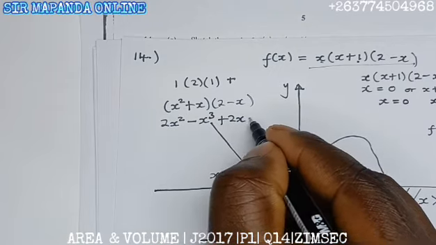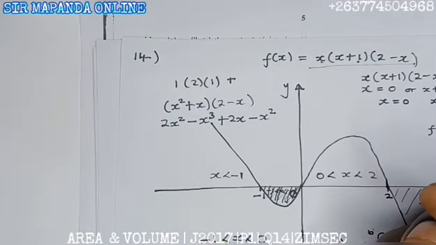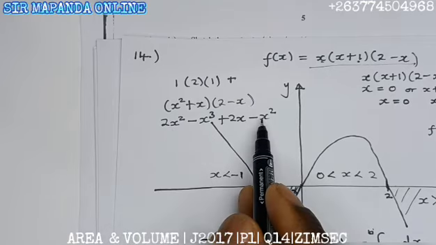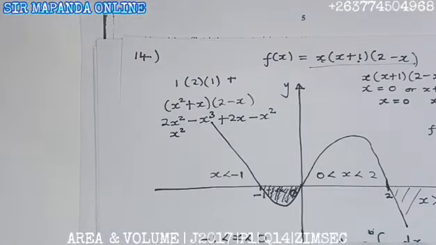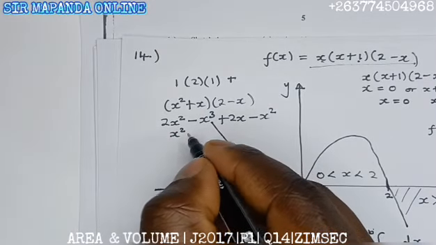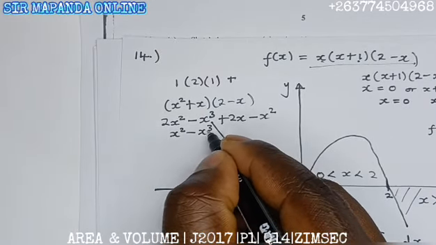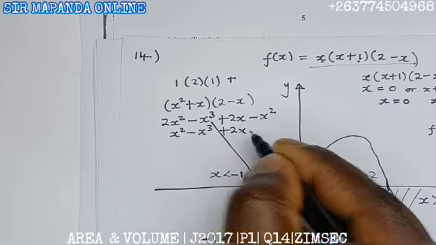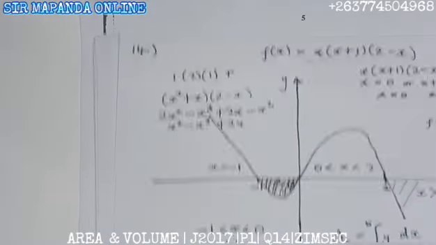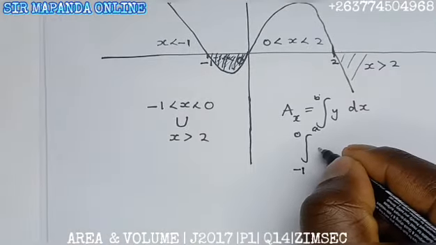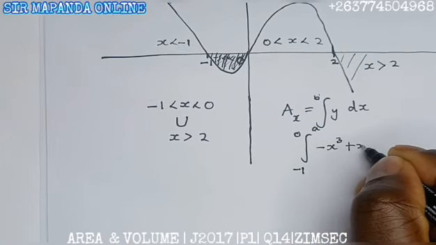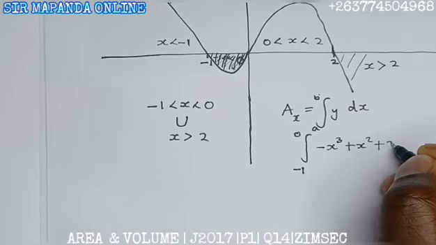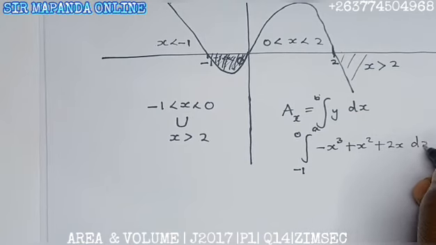Then x times minus x, you get minus x squared. So since 2x squared and minus x squared are like terms, they give you x squared, minus x to the power of 3, plus 2x. So after expanding, y is minus x to the power of 3 plus x squared plus 2x, then dx.